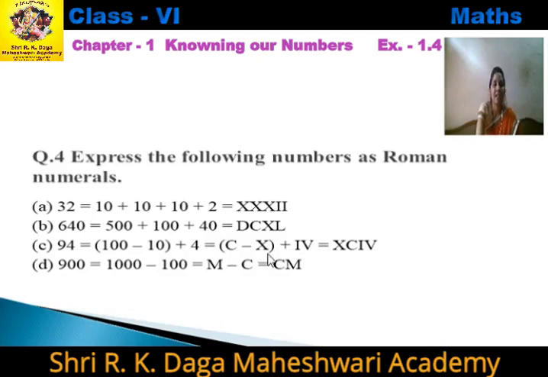Now C minus X, that is XC. XC IV. 900. 900 is equal to 1000 minus 100. Now for 1000 we write M, and for 100 we write C. Now M minus C, that is CM.